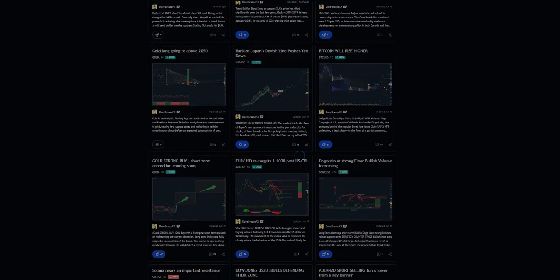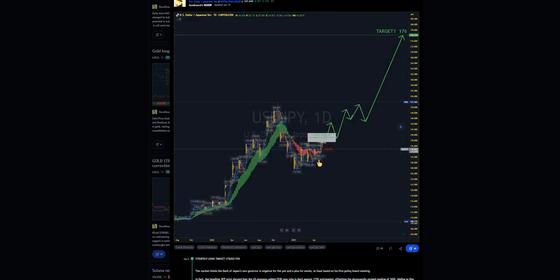for example, the Japanese yen. We see here, so I make it a little bit bigger.